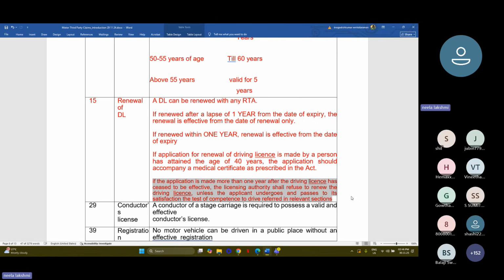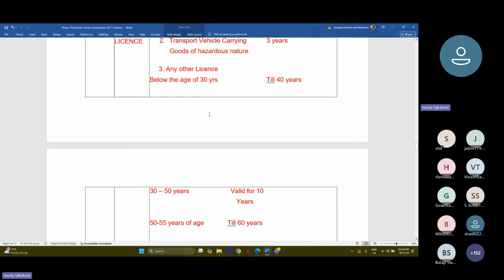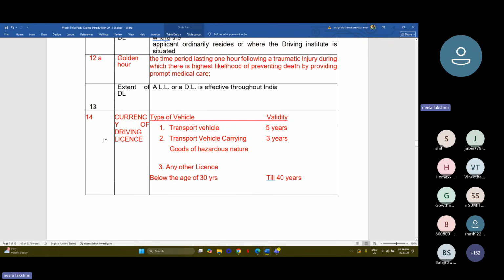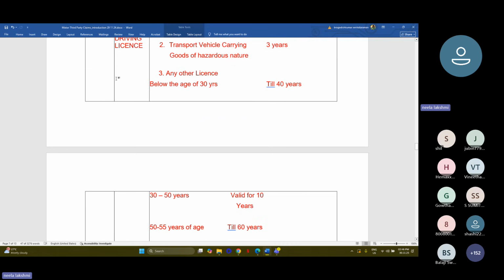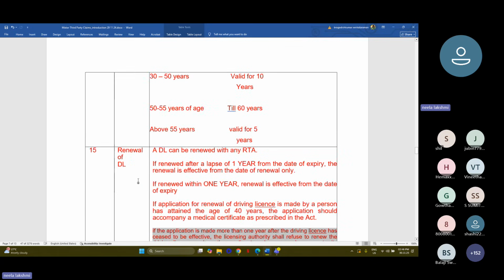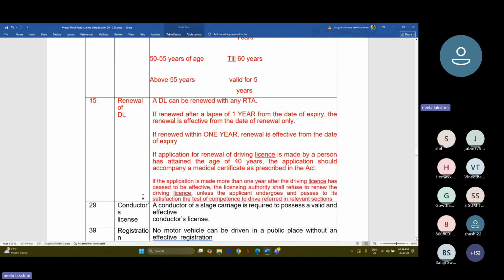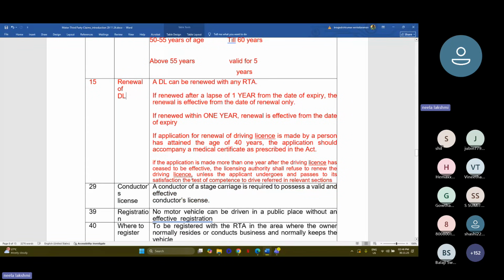Then only the license will be allowed. If he fails the test, the licensing authority may refuse to renew his license. These are all the major changes in the amendment. So please be thorough with section 14 and section 15 of the amended Act. Very important, because provisions were changed and altered.